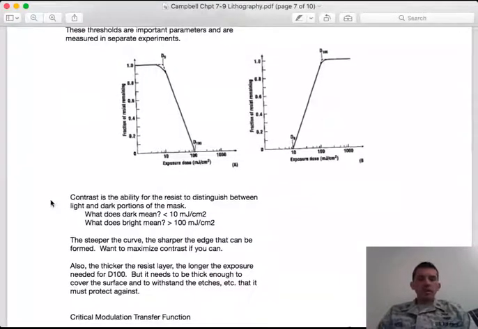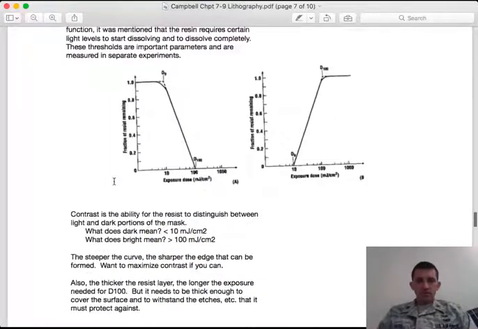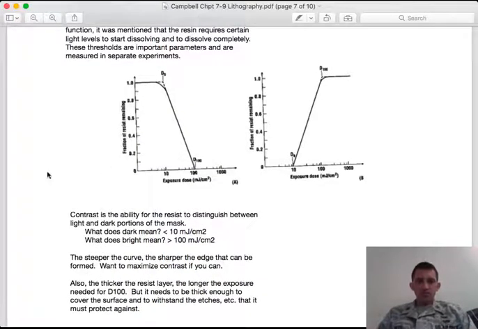Generally, the contrast that's required, the definition of dark and the definition of bright, is shown here, where we're talking maybe less than 10 millijoules per square centimeter for D0, and then for D100, we might be at, say, 100 millijoules per square centimeter, something like that.